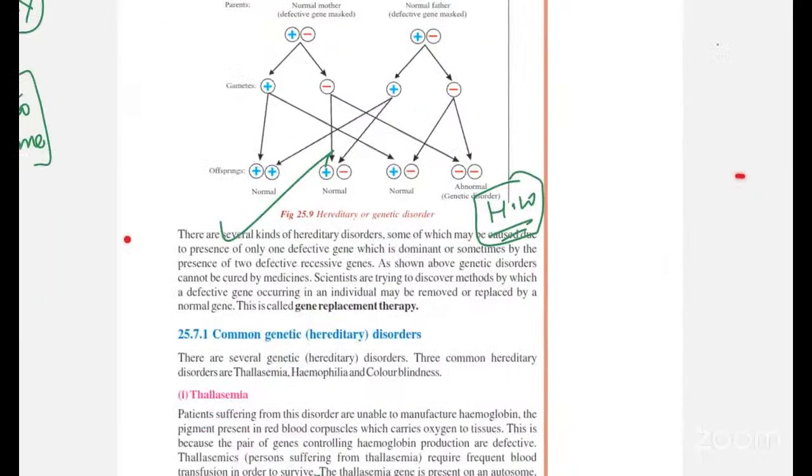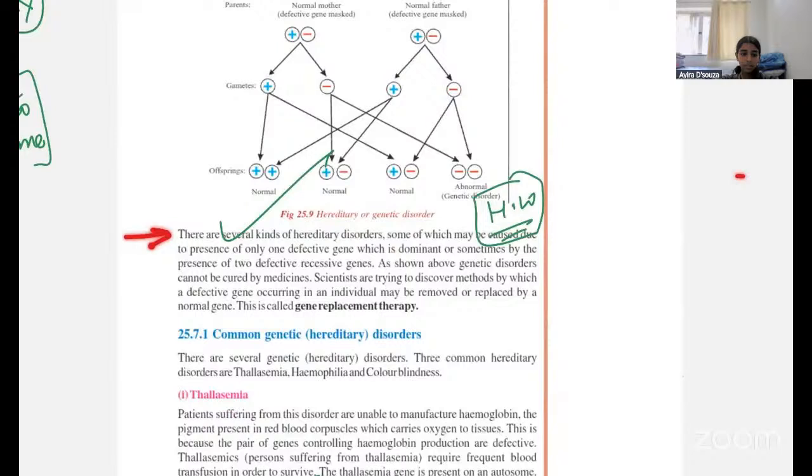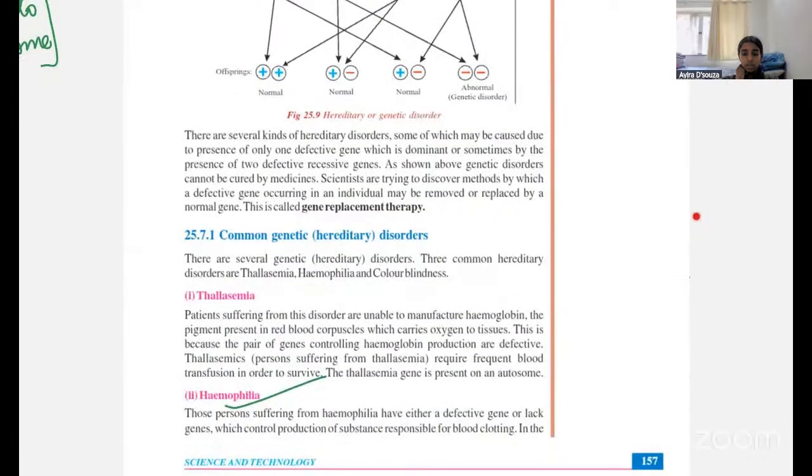So read this, Ira. There are several kinds of hereditary disorders, some of which may be caused due to the presence of only one defective gene which is dominant, or sometimes by the presence of two defective recessive genes. As shown above, genetic disorders cannot be cured by medicines. Scientists are trying to discover methods by which a defective gene occurring in an individual may be removed or replaced by a normal gene.